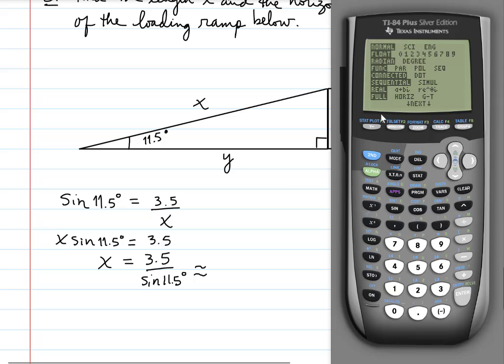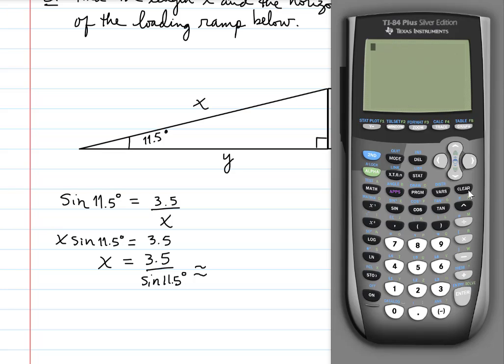Typically the calculators are set by default to be in radians. If you go to mode and scroll down and move over, you have to click and change it to degrees so that this will work. Otherwise it's going to assume you're inputting radians, and that's not what we're doing. You're not going to get it right, especially when you're doing your applications.